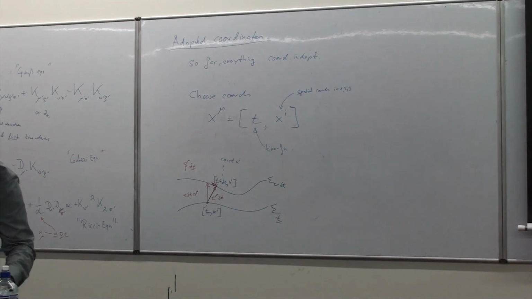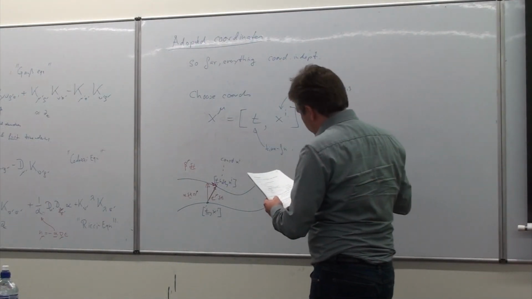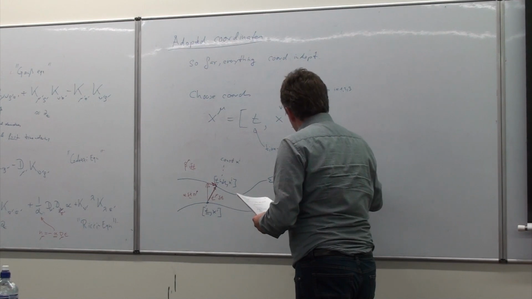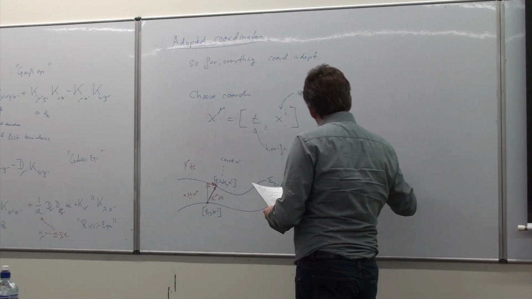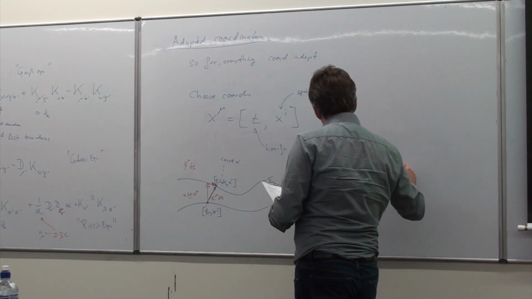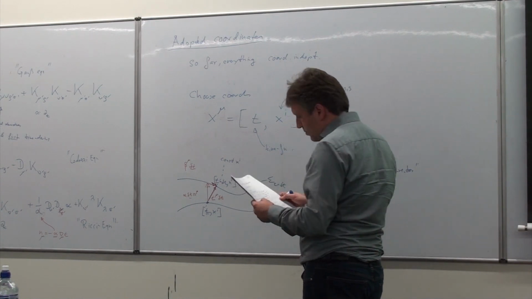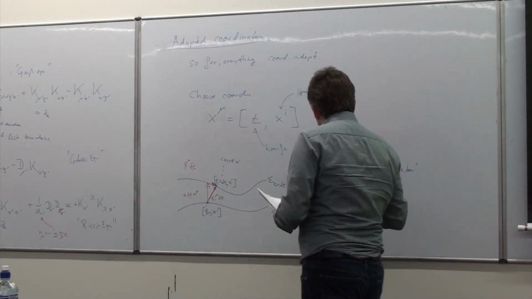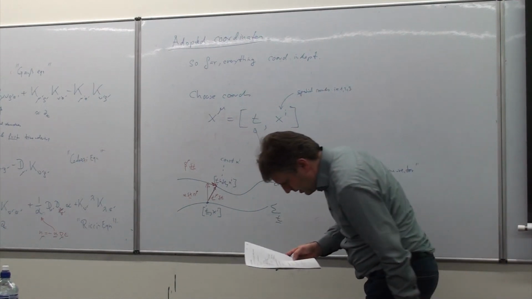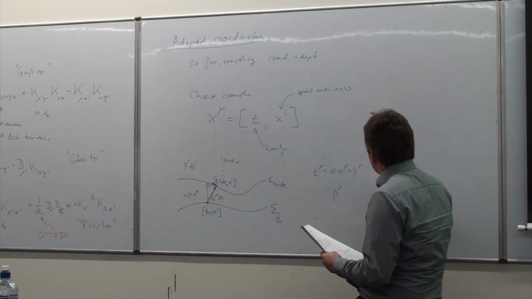And so the names that are associated with these objects, let's put them all at the side, is that t mu is alpha n mu plus beta mu, so that's the time vector. Beta mu is the shift vector.